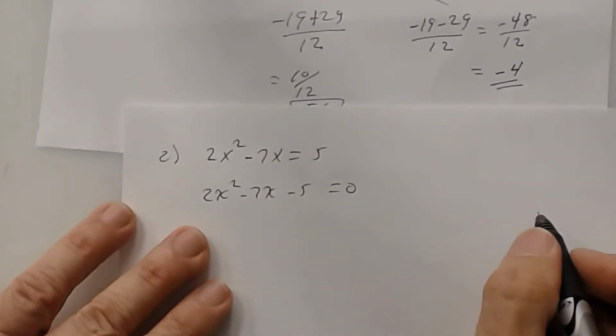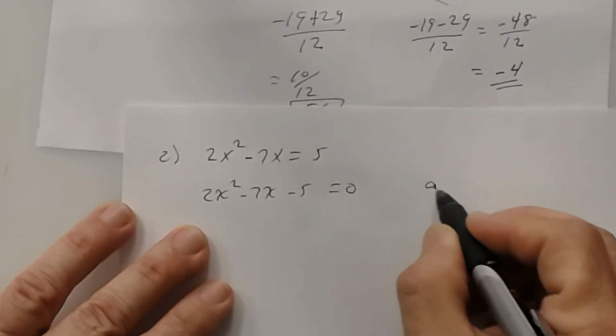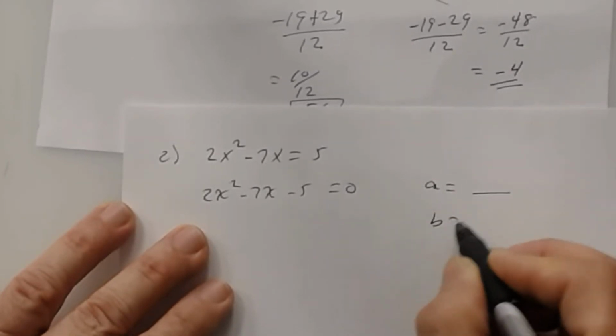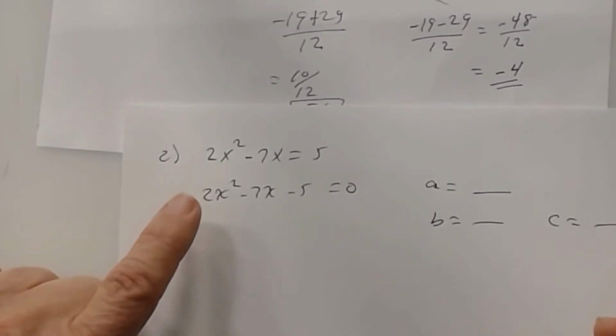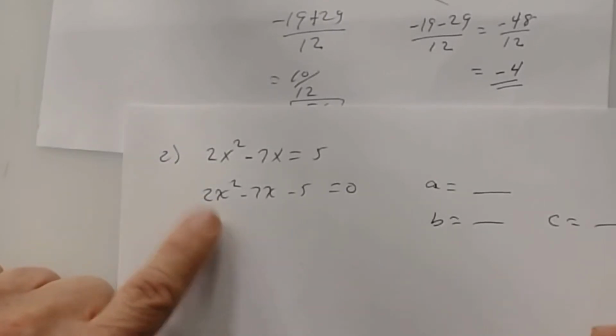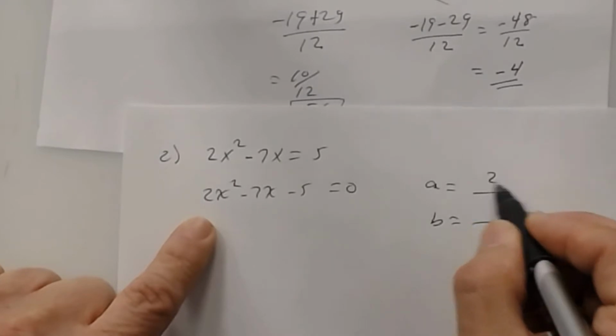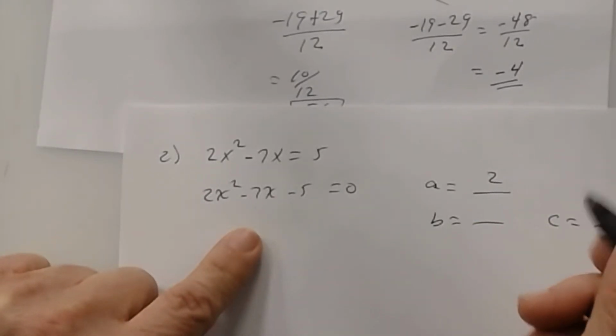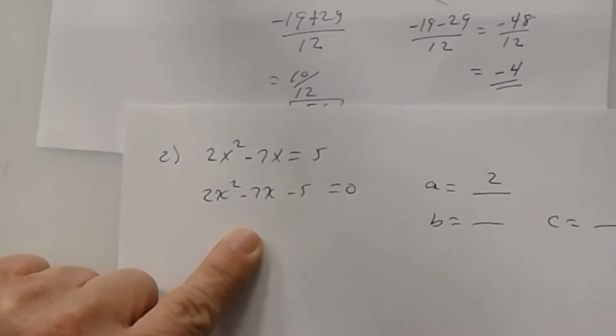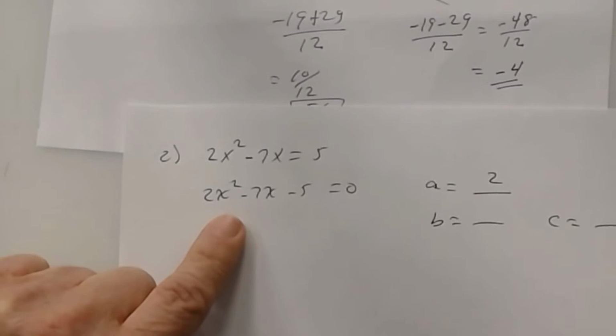Okay. Now be very careful when you tell me what A, B, and C are. Okay? What is A? 2. A is the coefficient of x squared, 2. What is B? All right, see, some of you would have said 7, and your whole answer would have been incorrect. It is negative 7, right? You've got to keep the sign.